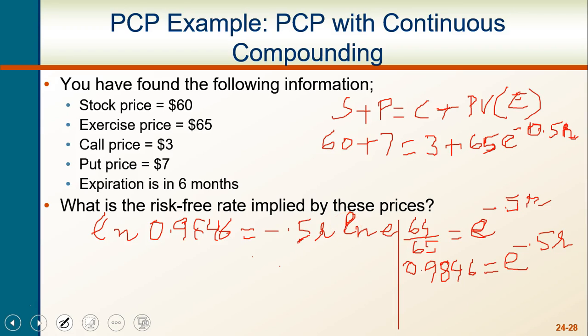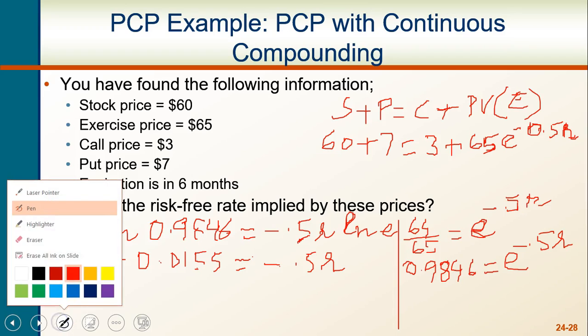So I'm going to write that here: minus 0.0155 equal to minus 0.5 times r, and ln of e is equal to 1, so we just leave it like that. And now we can very easily calculate the value of r.